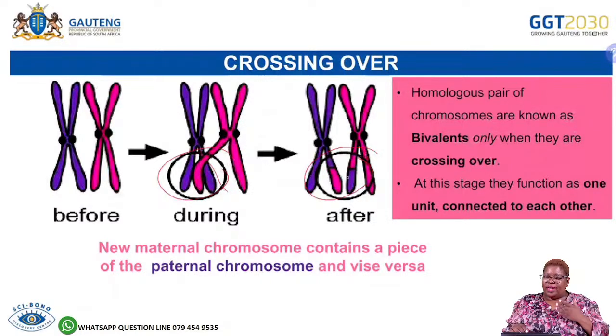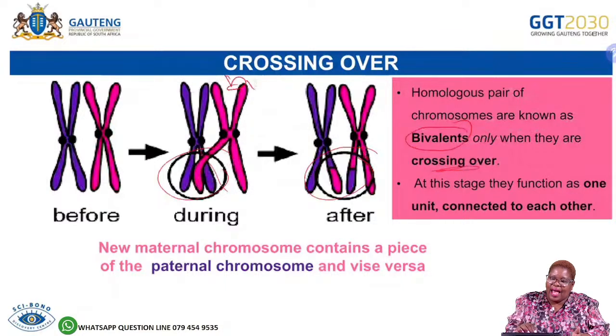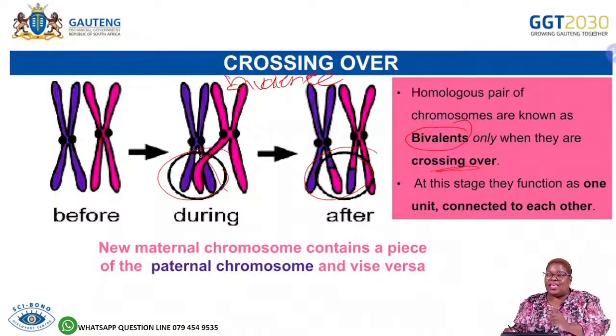Now look at this one. Homologous pairs of chromosomes are known as bivalents only when they are crossing over. So we can talk about these as bivalents. Why are we saying they are bivalents? It's because they are crossing over, right?